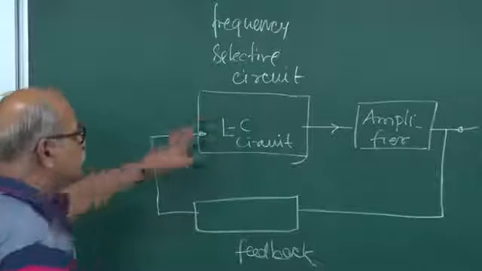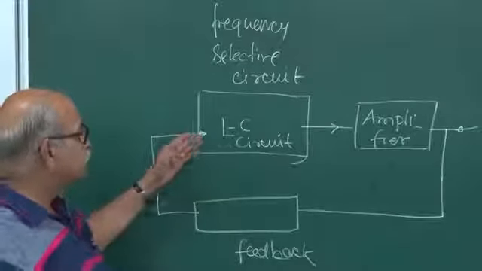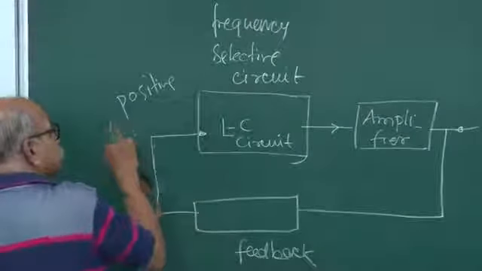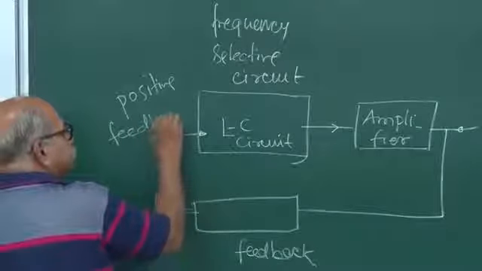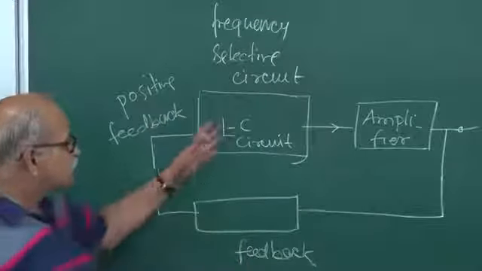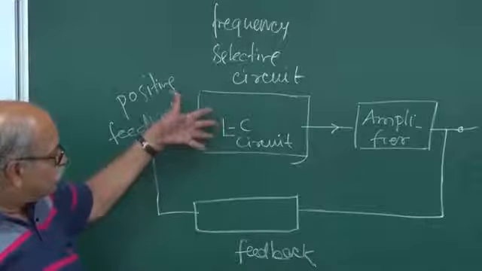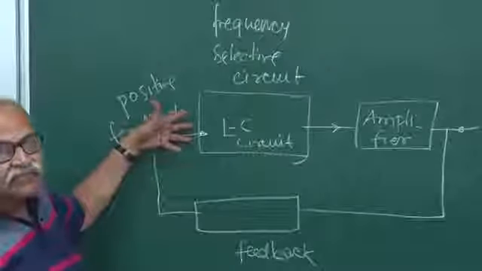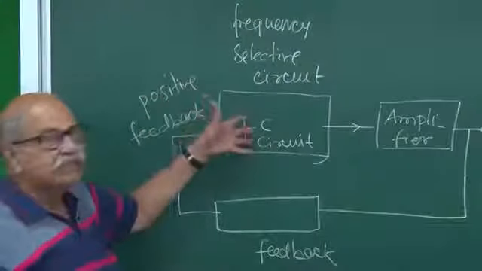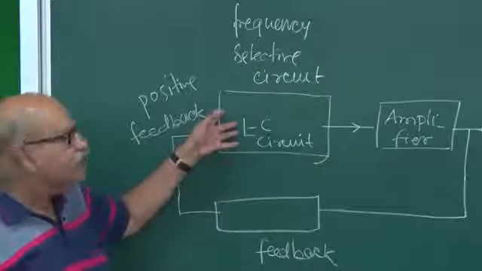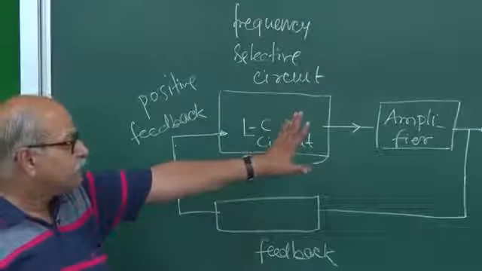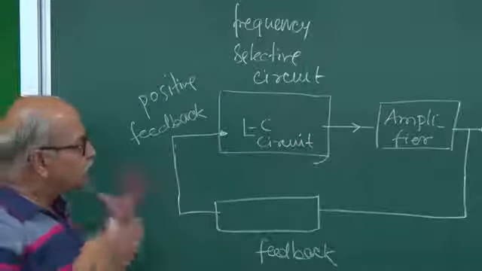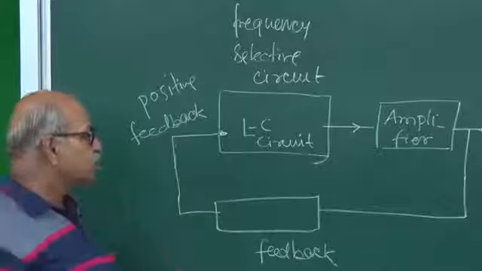Whatever is lost here is compensated here, and therefore a positive feedback, that means the phase of this voltage which is there and the phase of this voltage which is coming should match with each other so that the losses are compensated, the amplitudes are added, and you get a supply of constant AC voltage.